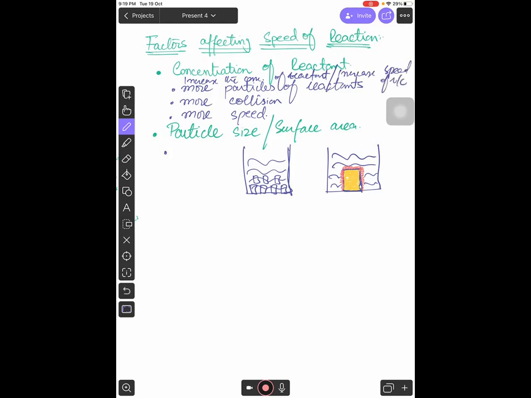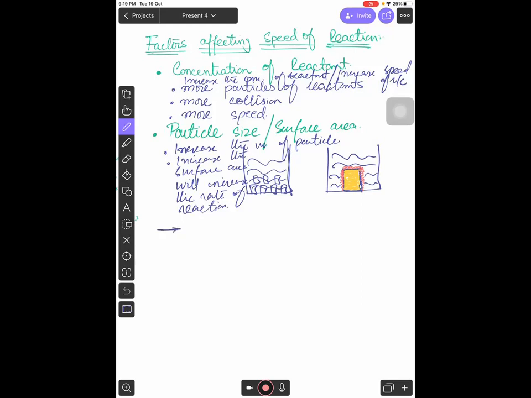The same thing over here, increase the number of particles of reactants, or you can say that increase the surface area will increase the rate of reaction or the speed of reaction, whatever you want to call it, you can, right?